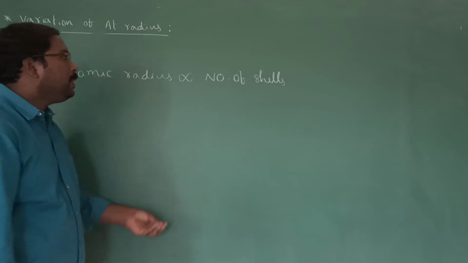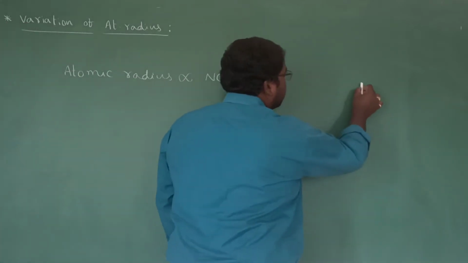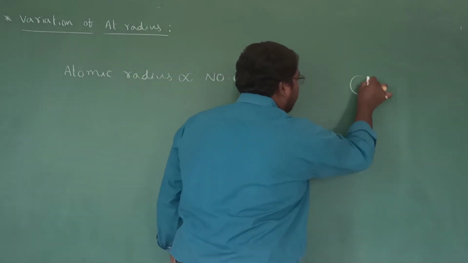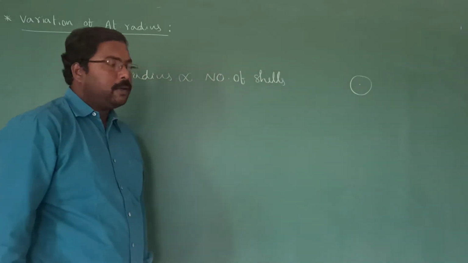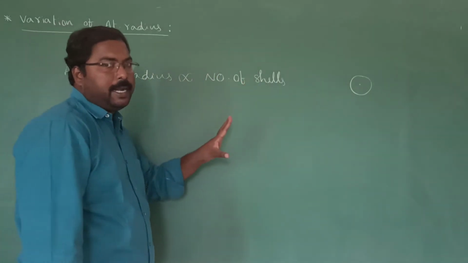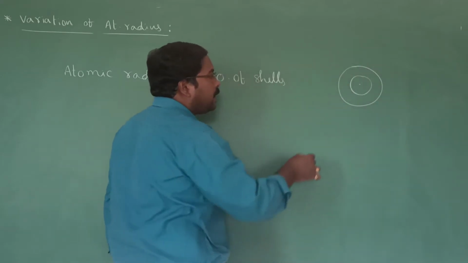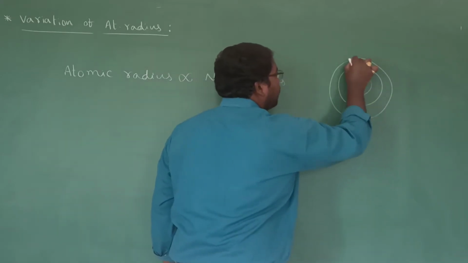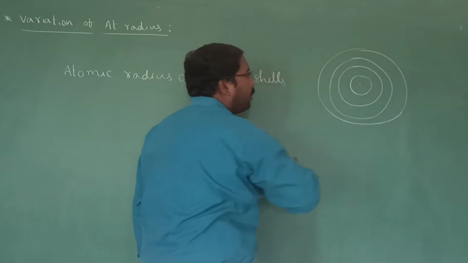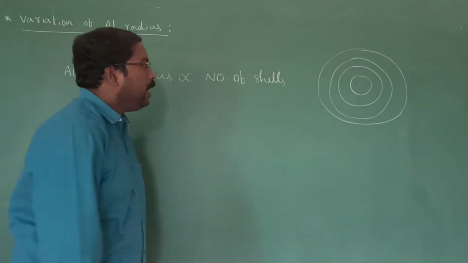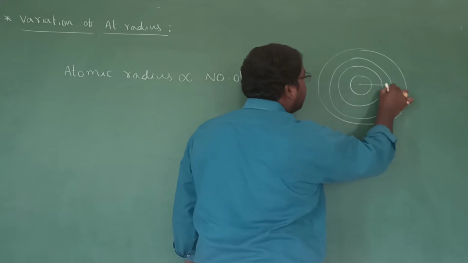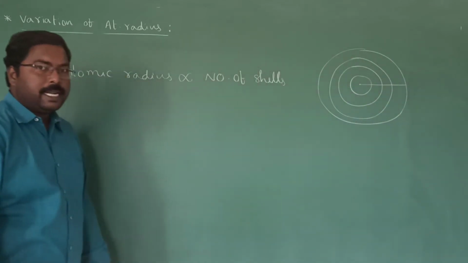A simple thing to understand: if an atom has one shell, one orbit, it has some radius. Now, if the number of shells increases, automatically the size of the atom also increases. As the size of the atom increases, the radius of the atom also increases.